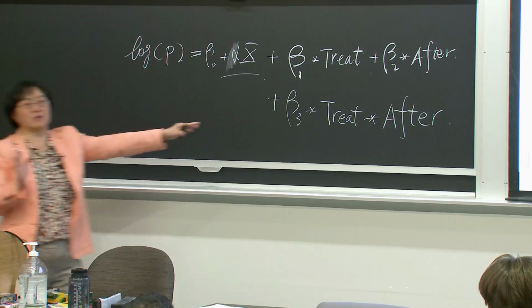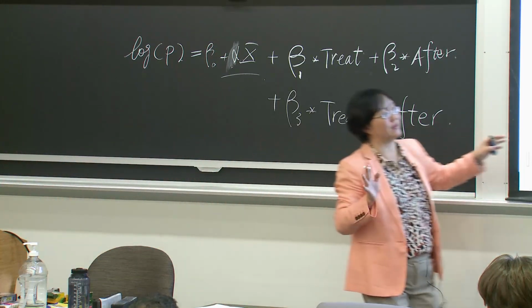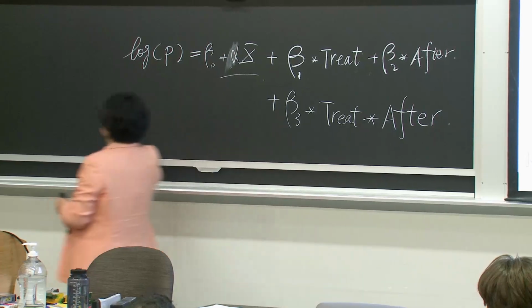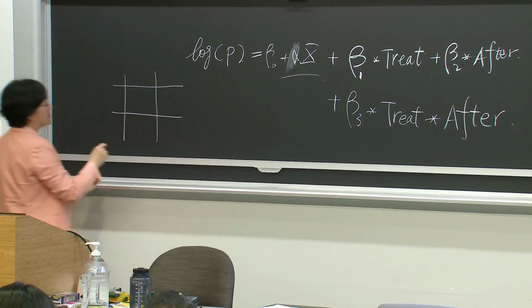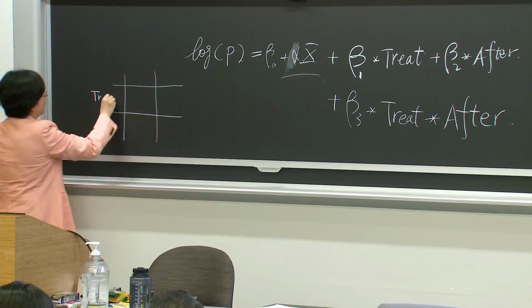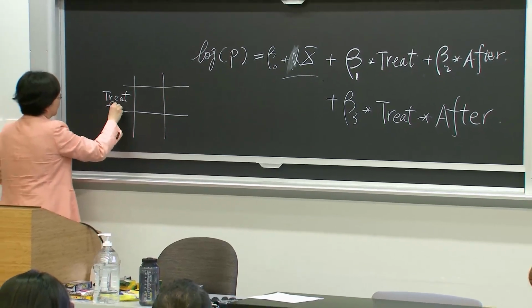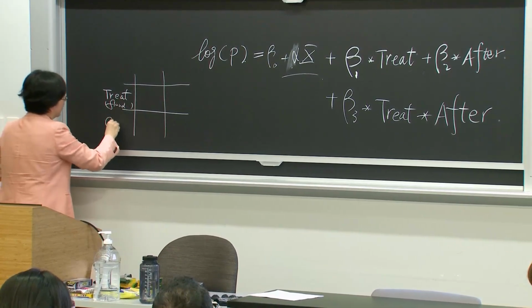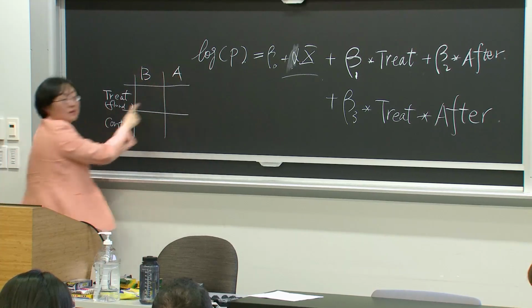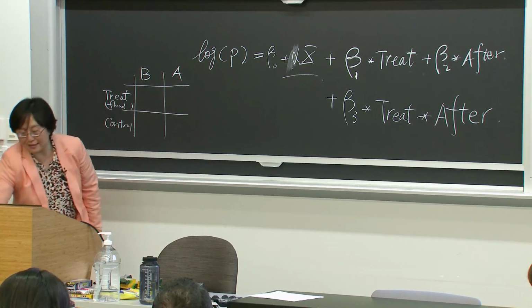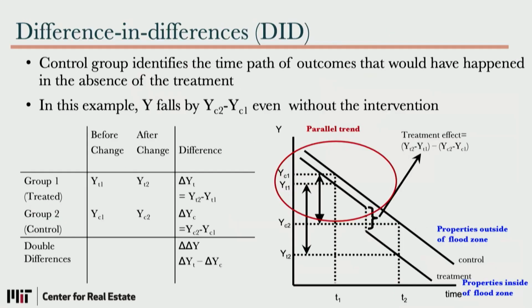When it suddenly becomes so complicated, actually it's very intuitive. Think about this matrix: this is the treated area, the flood zone, this is the control, this is before, this is after. The four cells, as we showed here.